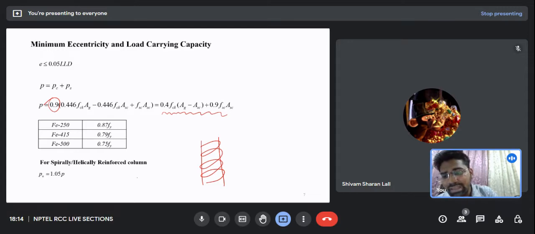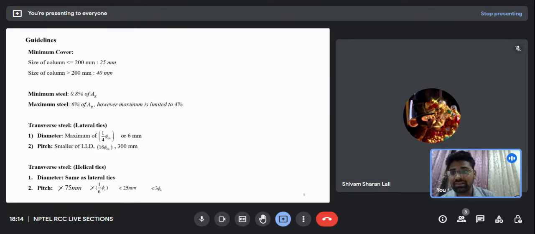So the load carrying capacity in case of a spiral or helical column, we increase it by 5%. Why? Because this reinforcement, because of its continuity, provides additional confinement. So because of this additional confinement, the crushing behavior of concrete changes, or what should I say, it enhances. So this was about the eccentricity part.